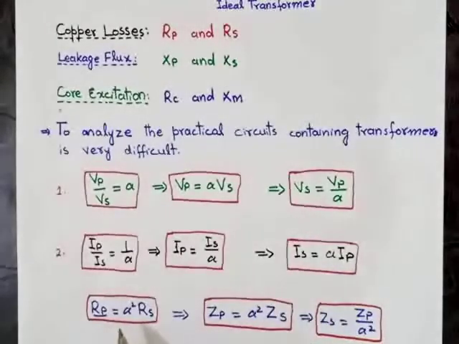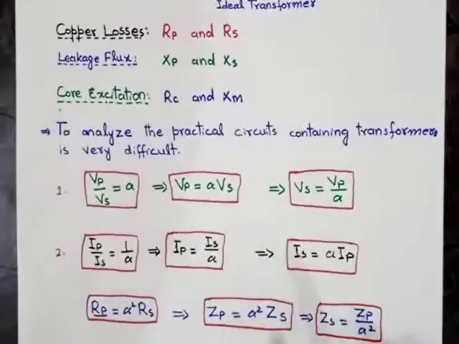Similarly, we can transform the impedance from one side to the other side. If we want to convert the secondary impedance into the primary impedance, or secondary resistance into primary resistance, then just multiply A square with the secondary resistance.